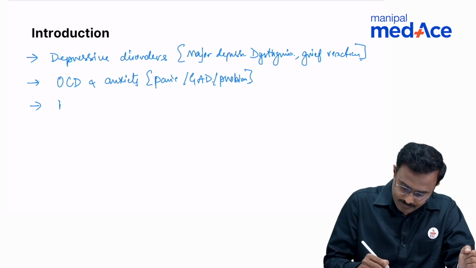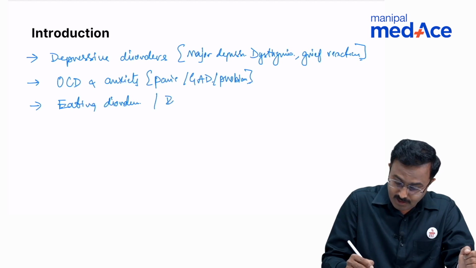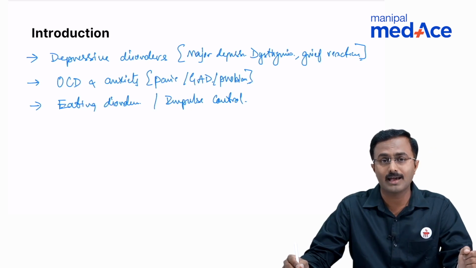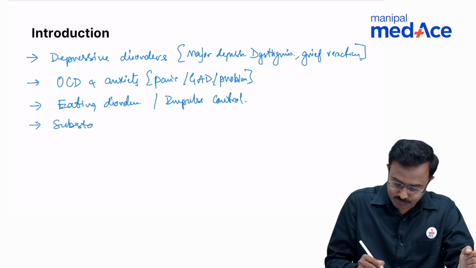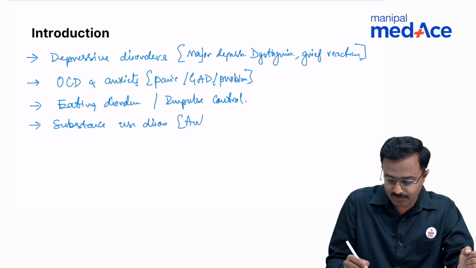We have eating disorders like anorexia nervosa, bulimia nervosa, then impulse control disorders. We have kleptomania, pyromania, gambling. Also, in terms of substance abuse disorders, it is used as an anti-craving agent.